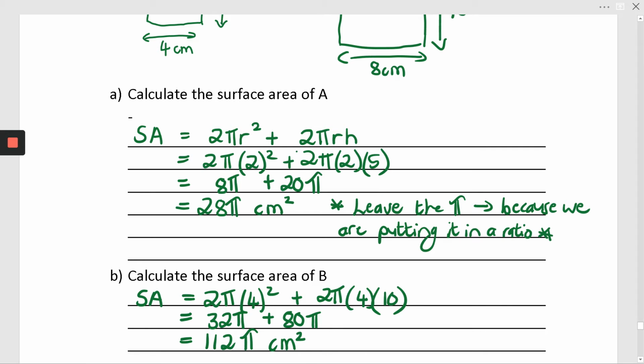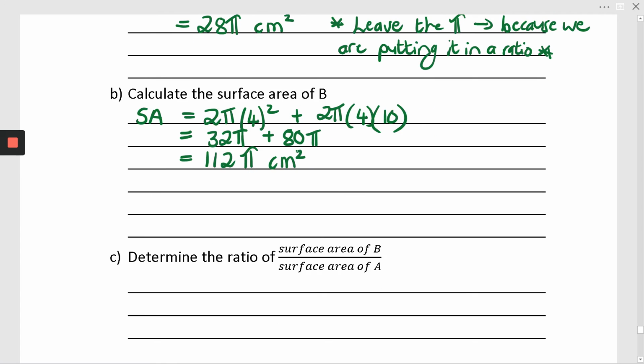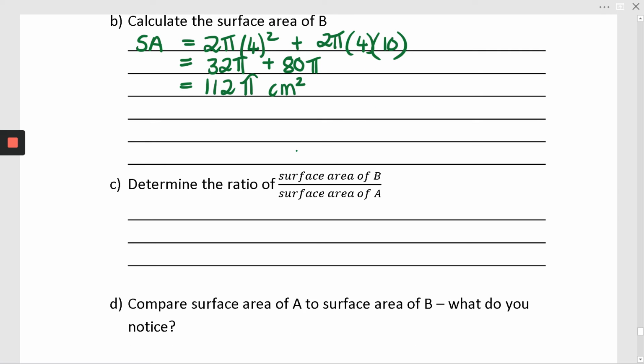Okay, now we're going to see what happens when we put these guys in a ratio together. We've got to take the ratio of the surface area of B over the surface area of A. Okay, so that was 112 pi over the first answer, which was 28 pi. Type that into your calculator and see what you get out.